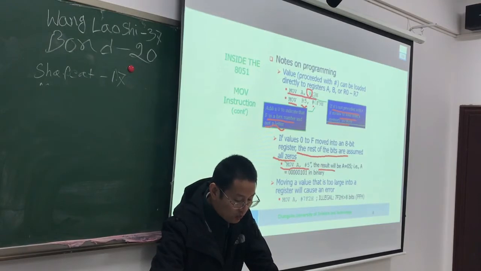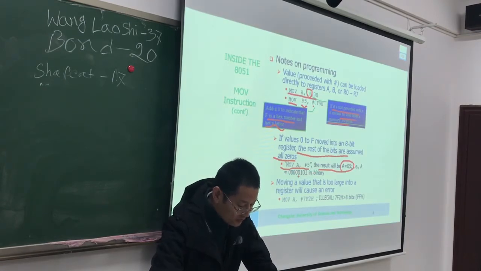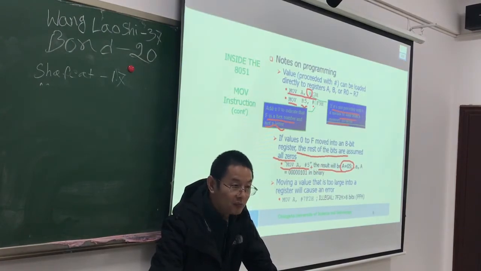The result will be A equal to 05. If we convert 5 to binary, it is 0101. We add 0000 before the 0101.